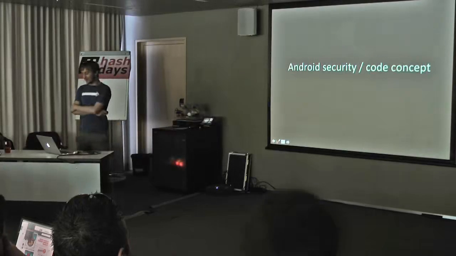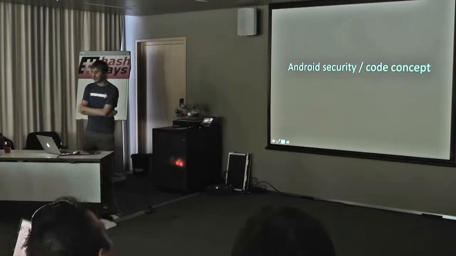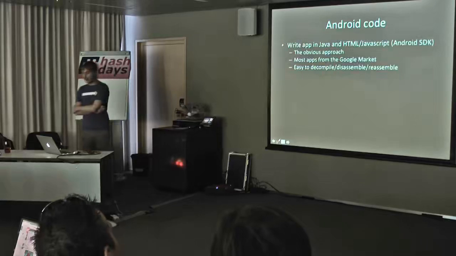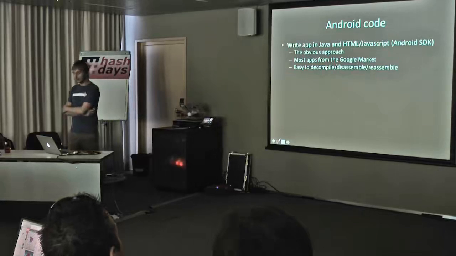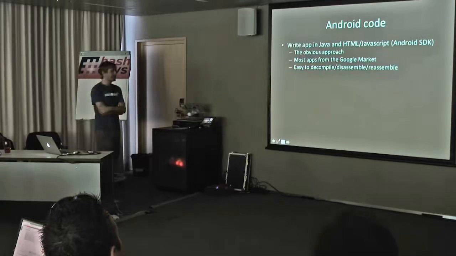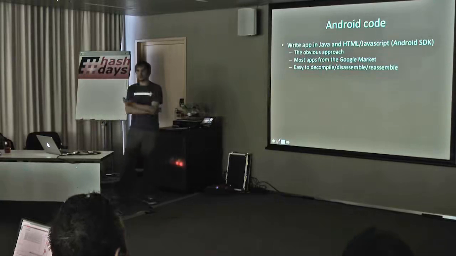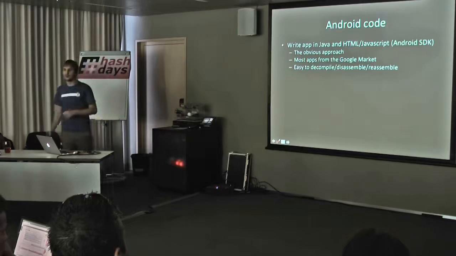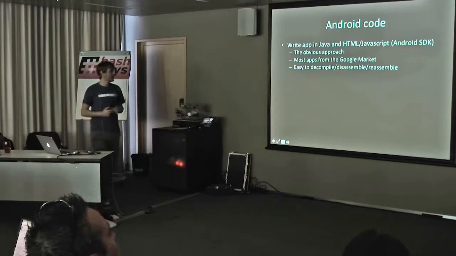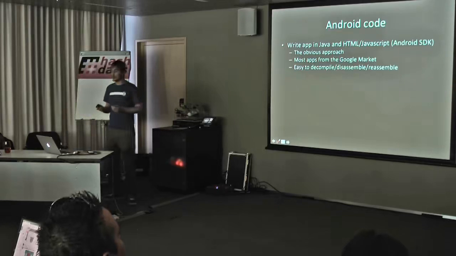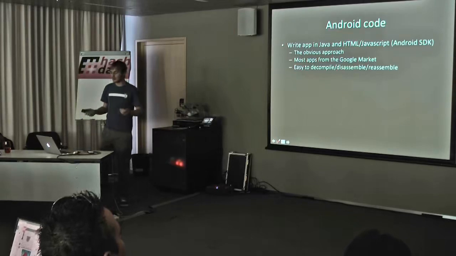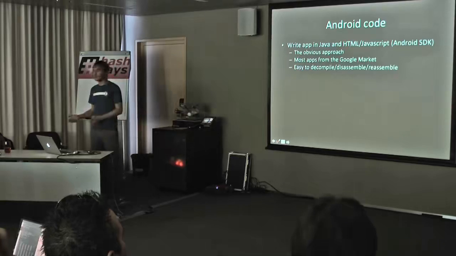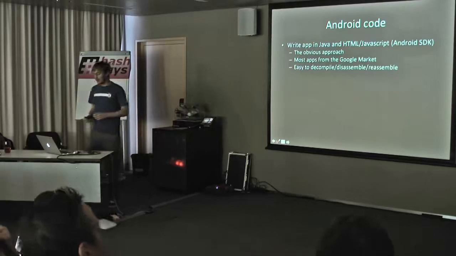Okay, let's talk about the security and code concept of Android. When you write code for Android, normally you write it in Java and HTML and JavaScript. You use the Android SDK. It's the most obvious approach, and I would say like 95% of all apps on the market just use this approach. And of course, because it's Java and HTML JavaScript, it's already plain, you can decompile, disassemble, and reassemble the stuff very easily.